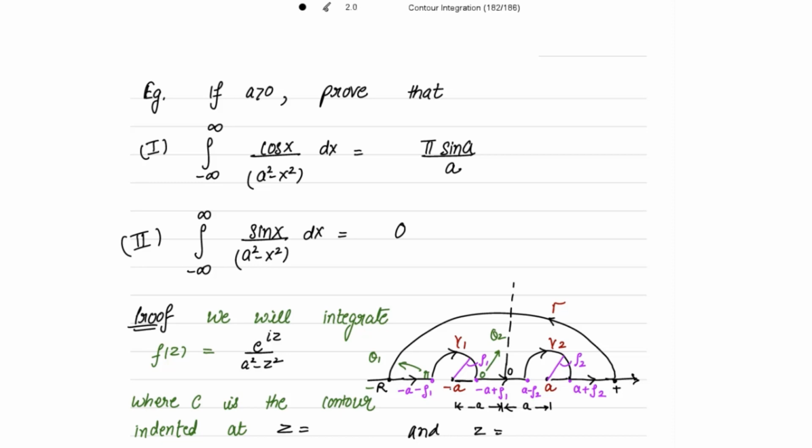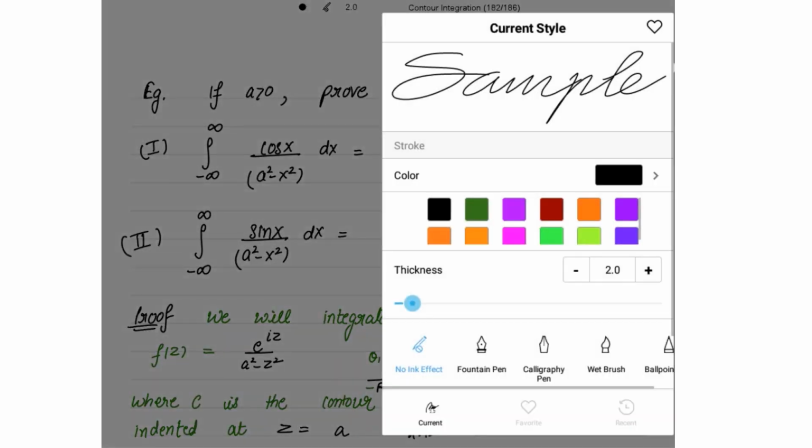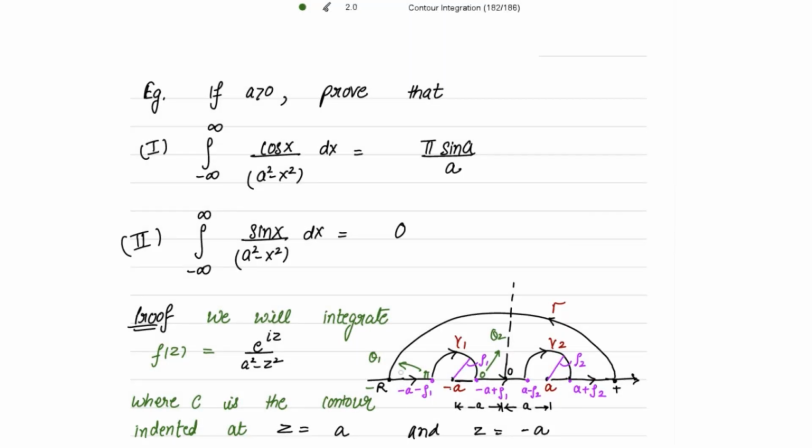Now if you take the denominator equal to 0, I get two poles, that is z equal to plus minus a. So if we integrate this function along the contour, this contour is indented at two points, z equal to a and z equal to minus a. Here you can see this is the semicircle gamma 1 with radius rho 1, and this is the semicircle gamma 2 with radius rho 2.